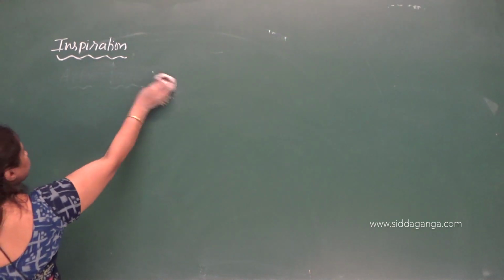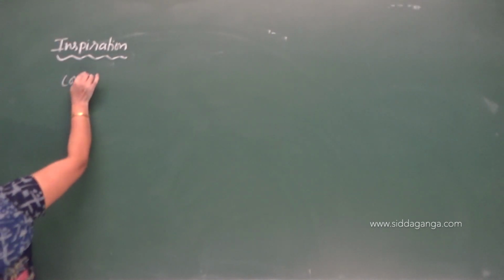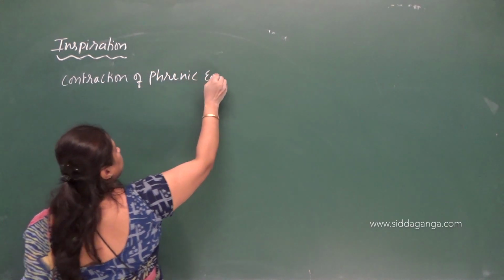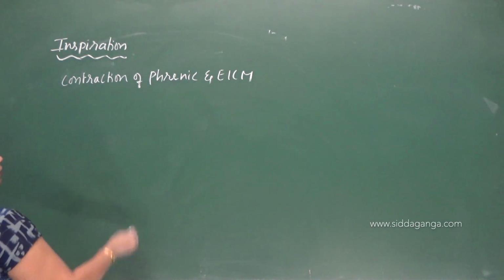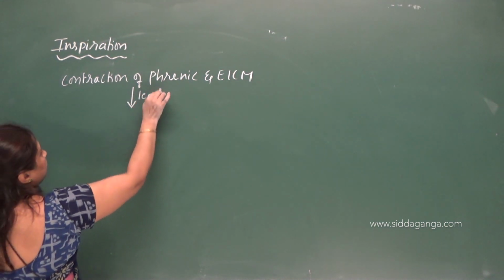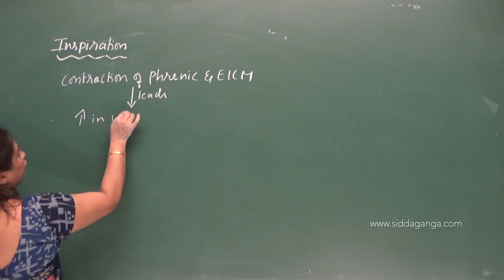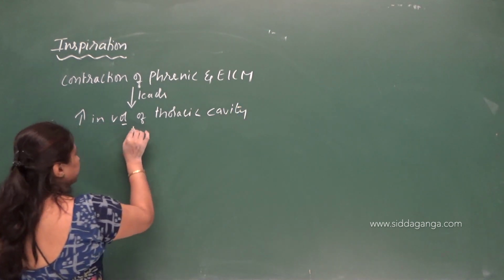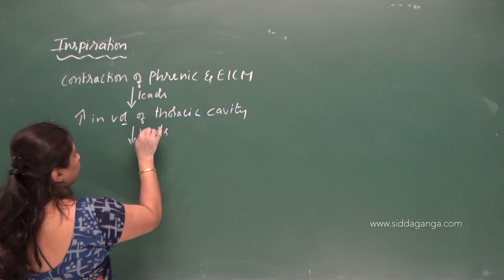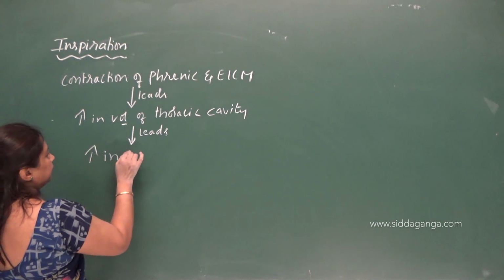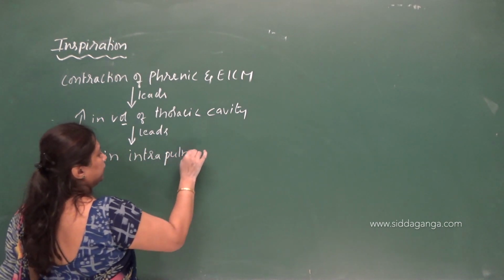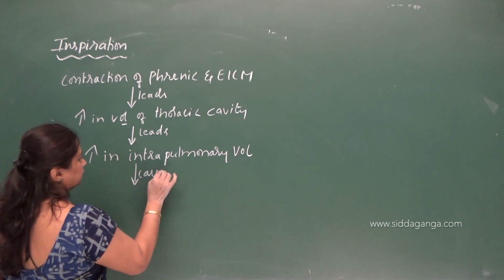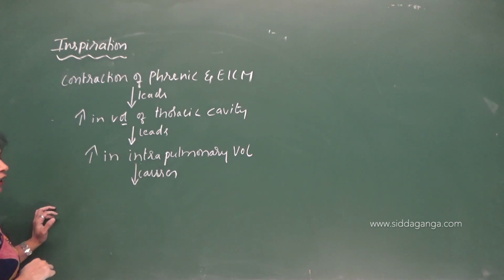So tell me, what happens during inspiration? Contraction of phrenic and external intercostal muscles leads to an increase in the volume of the thoracic cavity, which in turn leads to a similar increase in the intrapulmonary volume, which causes a drop in the intrapulmonary pressure.